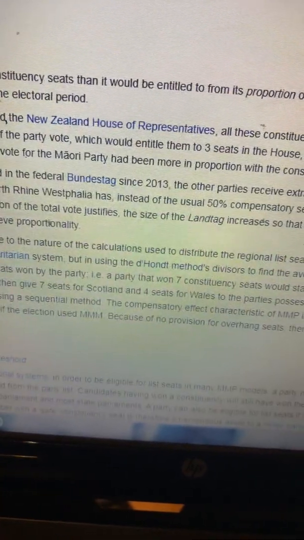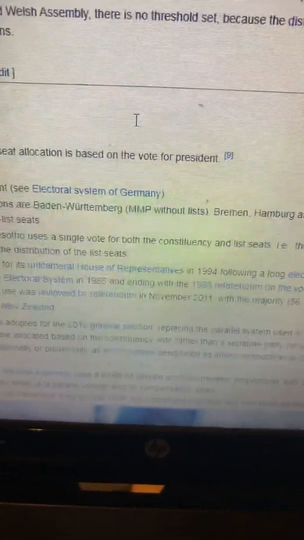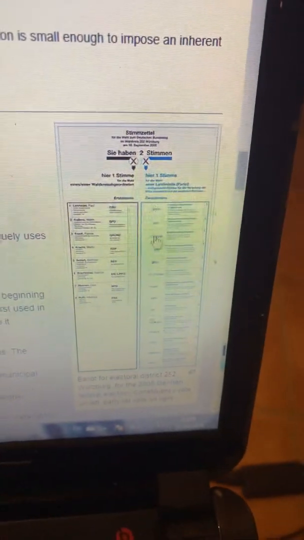Calculating members, overhang seats. It looks like this.